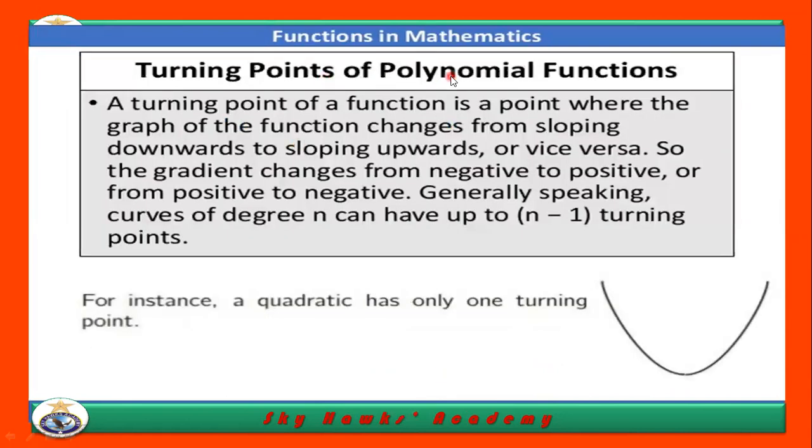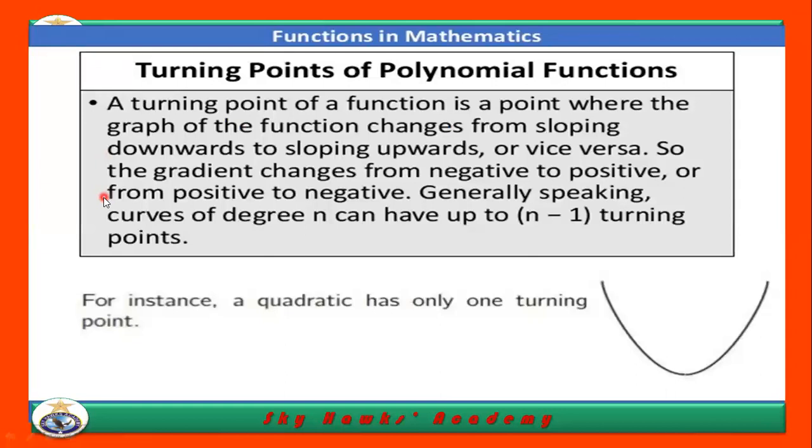Turning points of polynomial functions: a turning point of a function is a point where the graph of the function changes from sloping downwards to sloping upwards, or vice versa. So the gradient changes from negative to positive or from positive to negative.